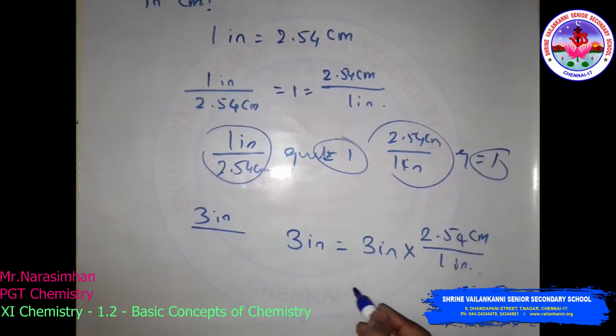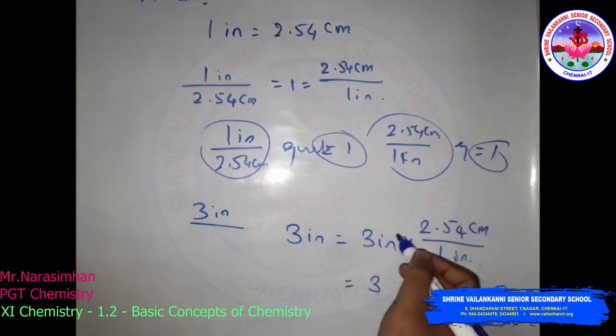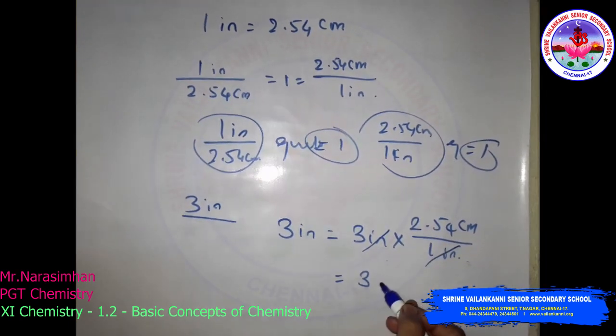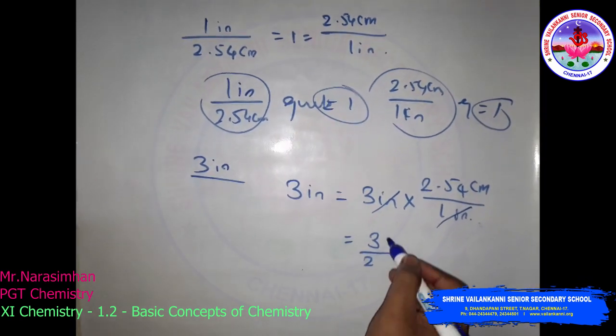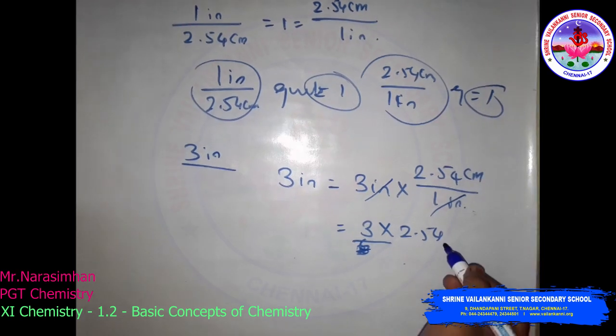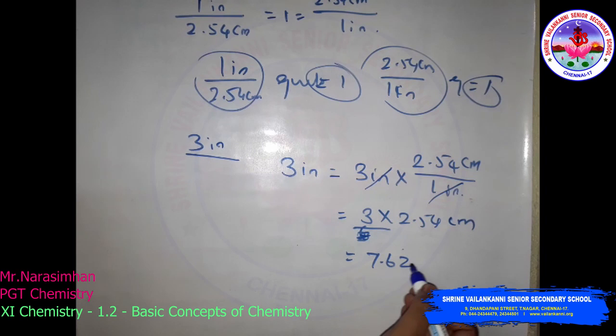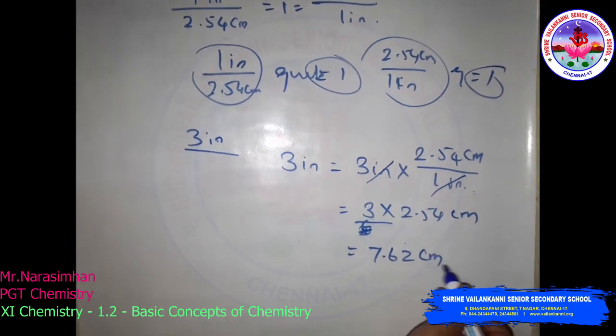So inch and inch cancel. So it becomes 3 into 2.54 centimeter. The resultant value is 7.62 centimeter.